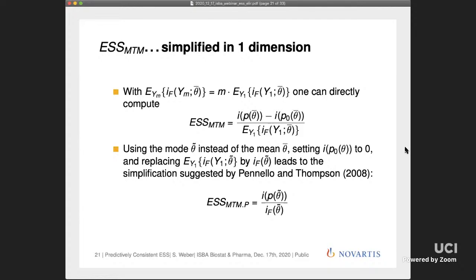If you go further and replace the mean with the mode, where you would expect the highest curvature, drop the information from the prior, and replace the expectation over one predictive data point with the one from the sampling likelihood, you end up with the Fisher information. This leads to the ESS as defined by Pennello and Thompson, which is very similar. Both of these give very similar ESS results for the problems we look at.